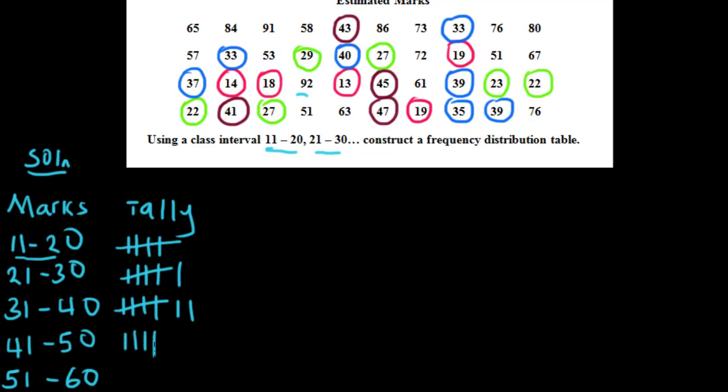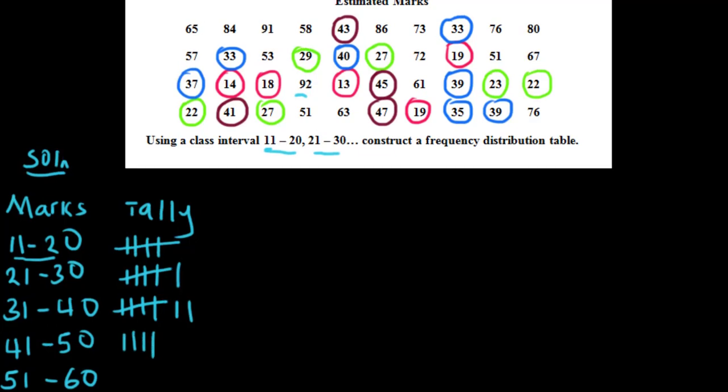Next is 51 to 60. We have 1, 2, 3, 4, 5. So we've got 5.